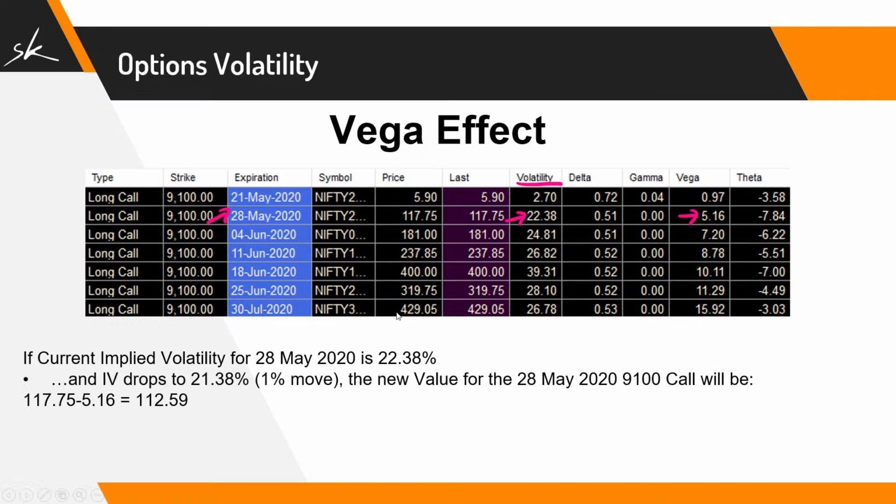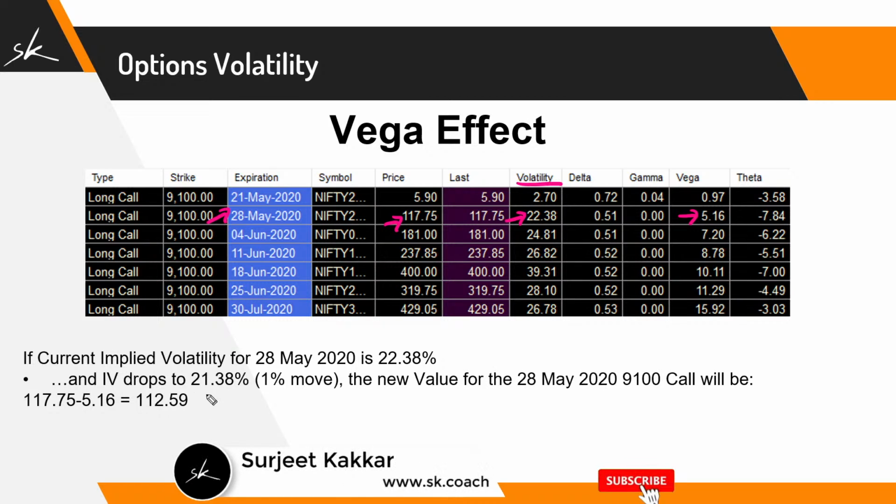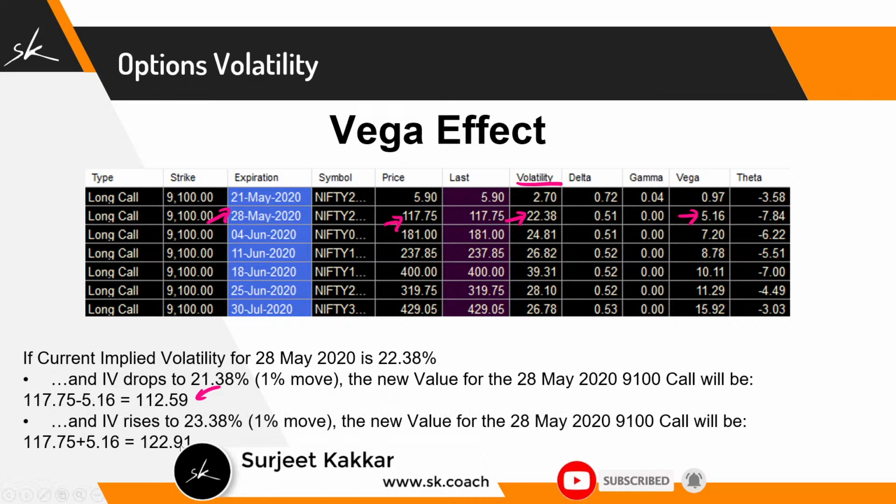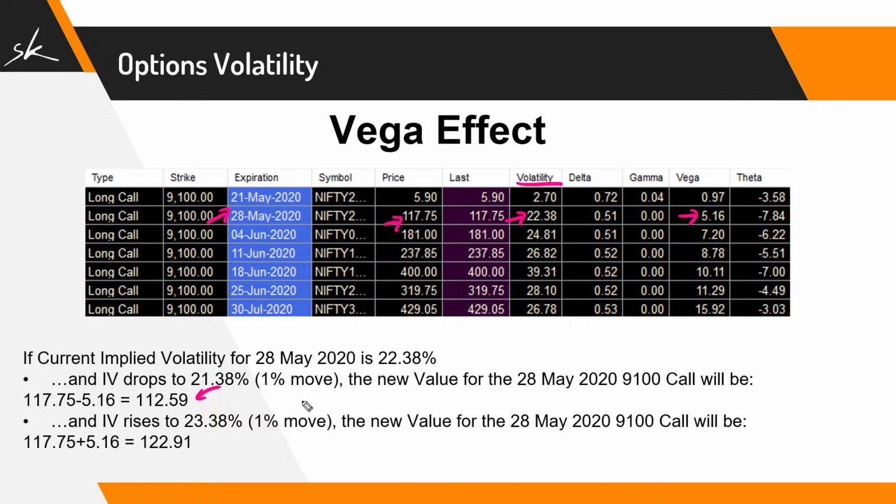Similarly, if it drops, let's take the drop example first. If it drops by 1%, which is 21.38, the new value of this same contract will be 117.75 minus 5.16, which is going to be 112.59 rupees. And similarly, if it goes up to 23.38, which means it moves up 1%, then the new value will be 117.75 plus 5.16, which is going to be 122.91.